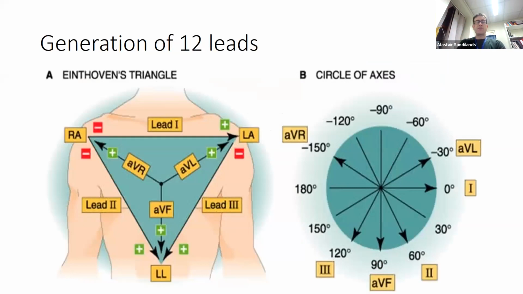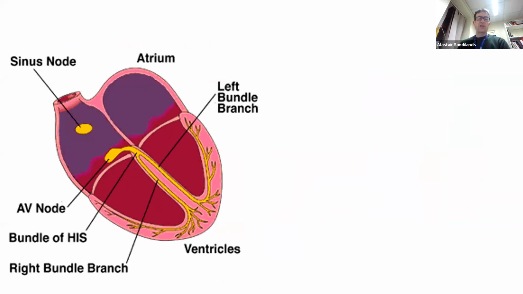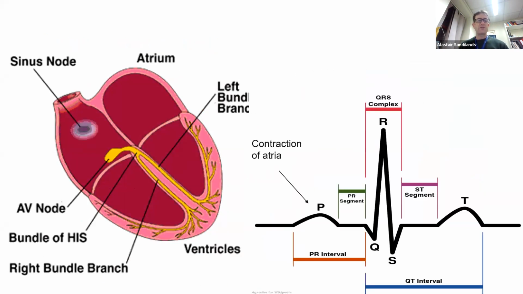I've talked to you about Einthoven's triangle before, looking at the ratios between the right arm and left leg, and how we generate the limb leads, and using the limb leads to look at the axis of the heart. Recapping, when we look at our ECGs, we are looking at the sinus node triggering things off, and that is atrial depolarization, shown by the P wave, which generates contraction of the atria.